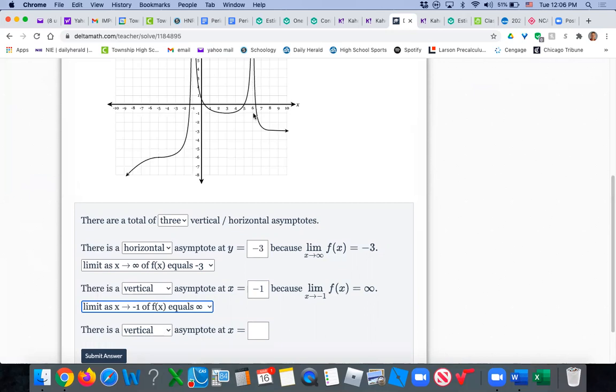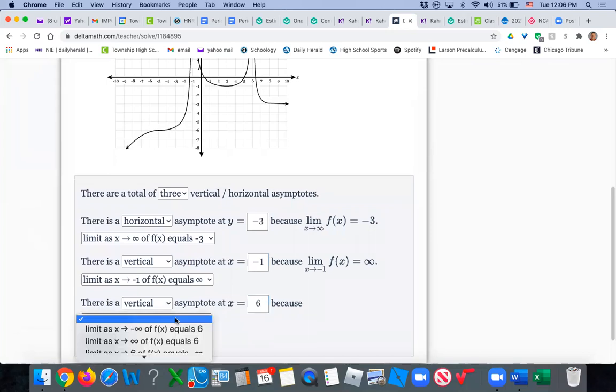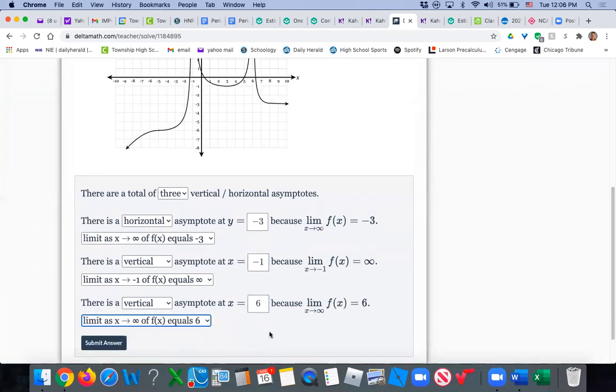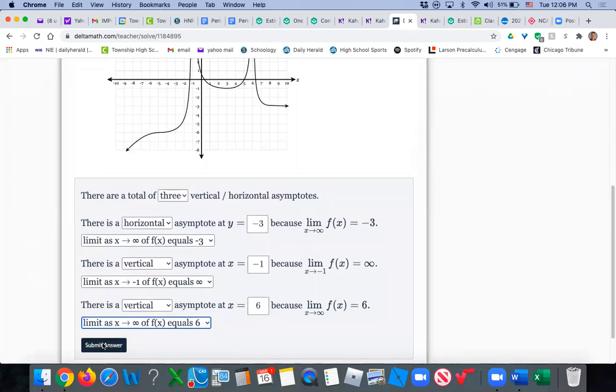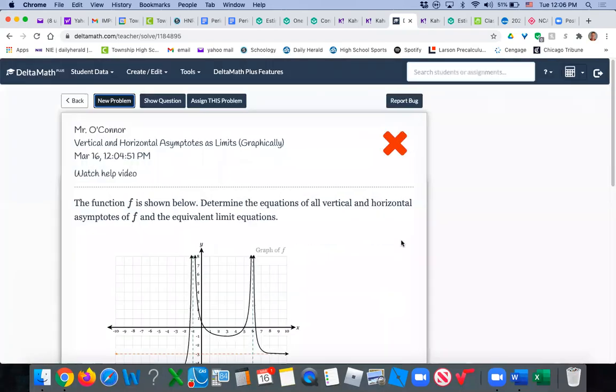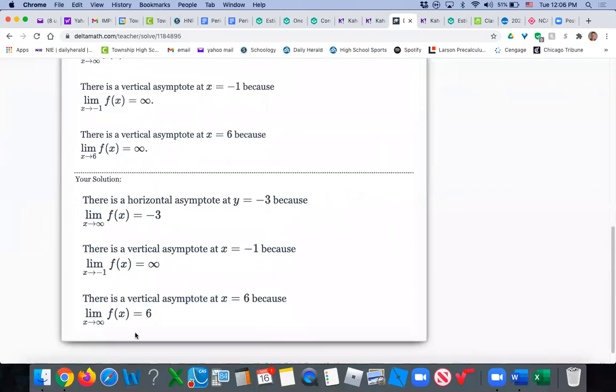And I think I also have a vertical one at x equals 6, because as x goes to infinity, f of x equals 6. Oh, what did I mess up here?